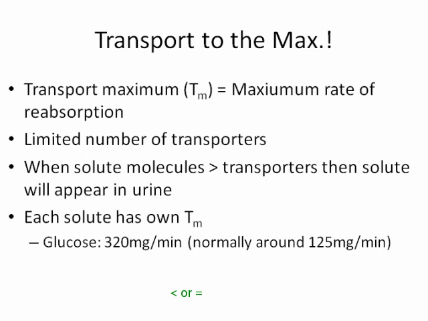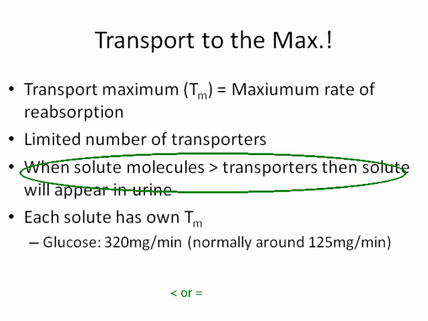In other words, it has a critical value at which it's going to say, I'm overwhelmed and I can't pump anymore. Some of this stuff is going to be left behind in the filtrate. And that occurs when the solute molecules are greater than the number of transporters. And when you have more solute molecules than the number of transporters, it's inevitable that solute is going to end up within the urine.